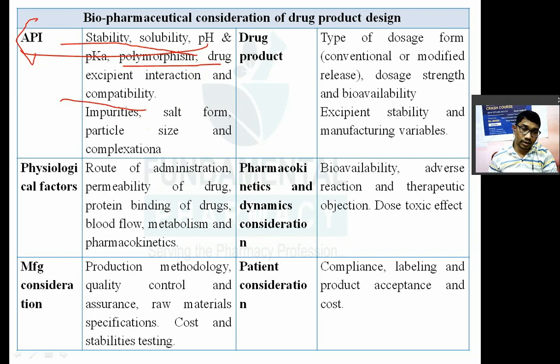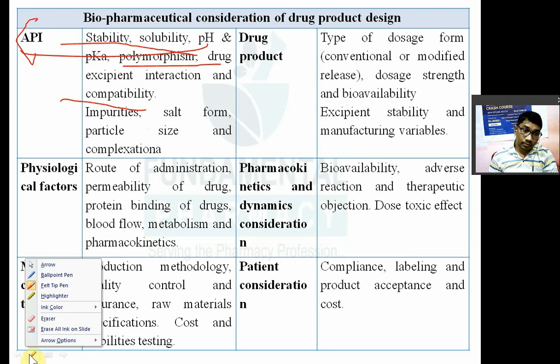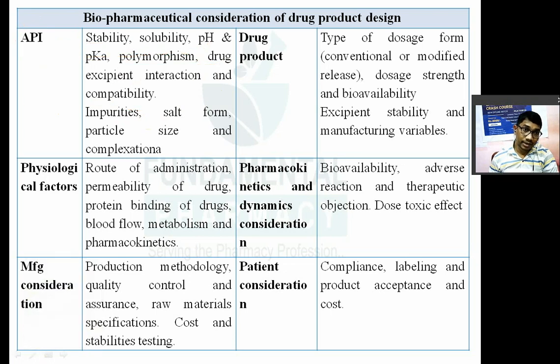So about the drug, you have to take these things into consideration while designing a dosage form. तो आपको ड्रग के बारे में क्या क्या कंसिडर करना है, you have to consider stability of drug, solubility of drug, pH, polymorphism, pKa, drug excipient interaction, and drug excipient compatibility. So while designing a dosage form, you have to take these things into consideration about the drug.